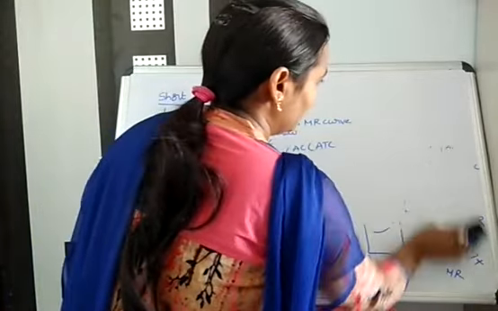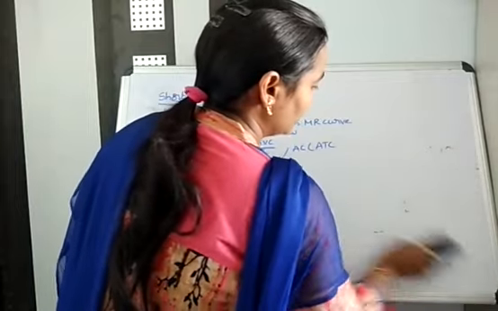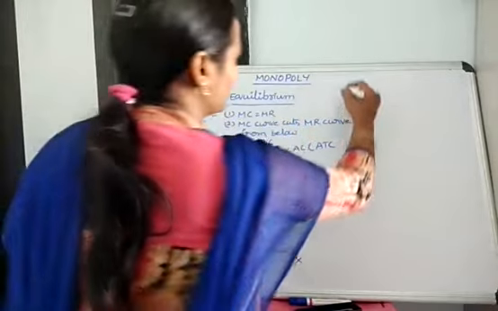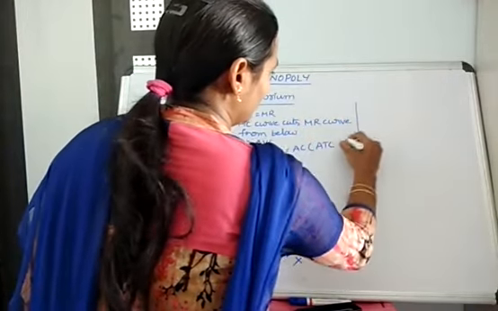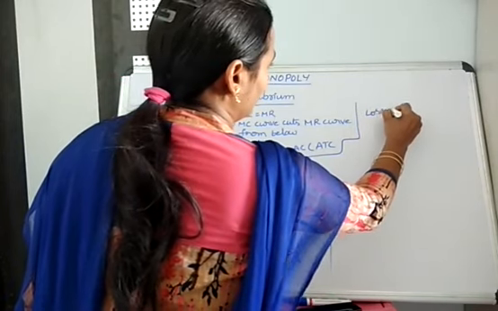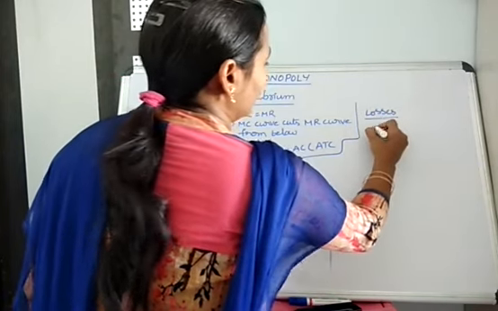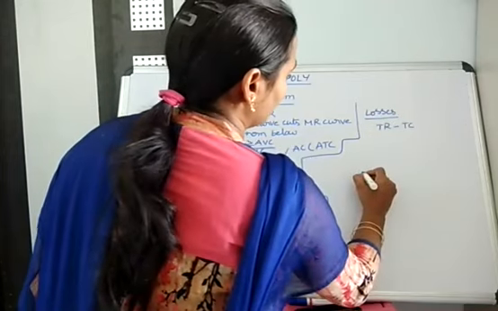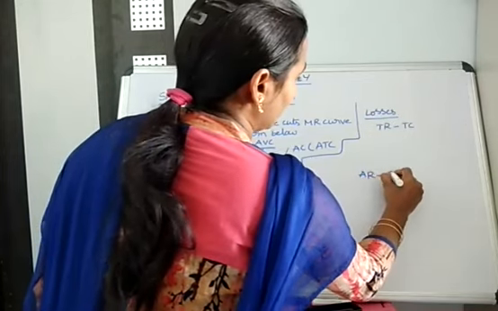So now we are going to analyze the losses per unit of output. Two ways we are showing now. How are we analyzing the losses? TR minus TC, AR minus ATC.